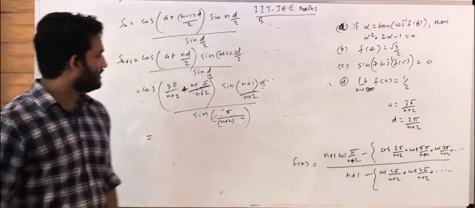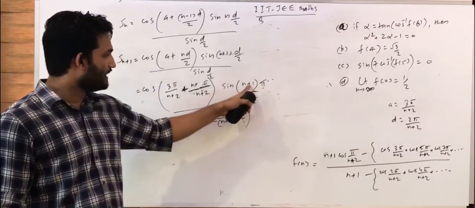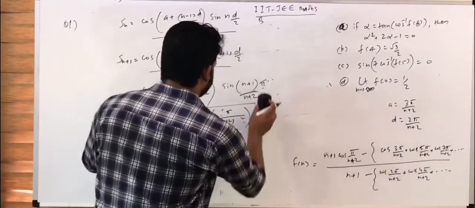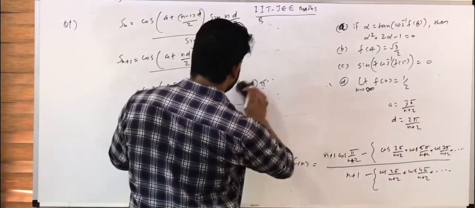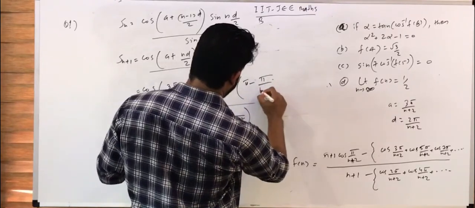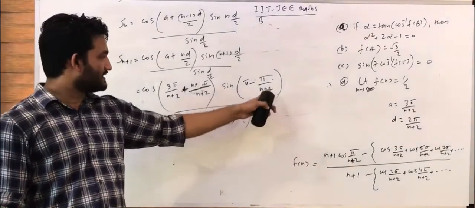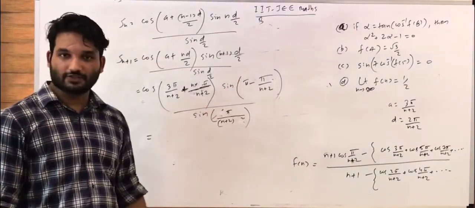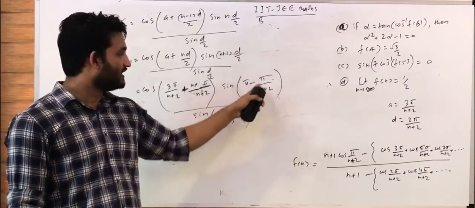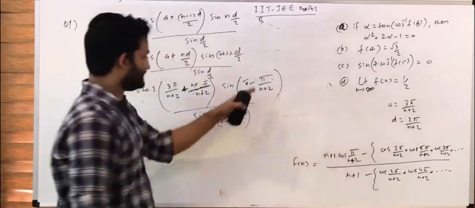Now see, sine of n plus 1 divided by n plus 2 into pi, we can write it as sine of pi minus pi divided by n plus 2. This is the same as sine of pi divided by n plus 2, because once we cross multiply we get the same relation.